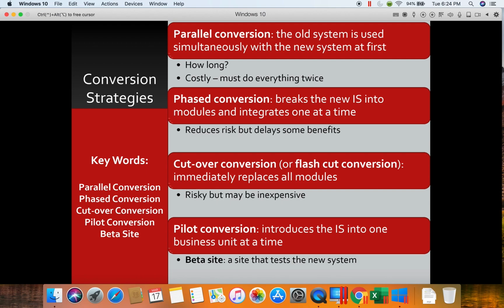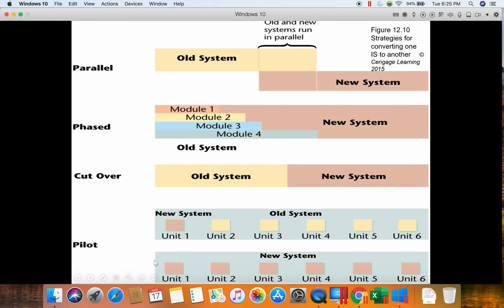They implemented the new system there, made all the adjustments to make it work for that company, for that location, and then took that knowledge and that information and implemented the system in a much quicker, more efficient way at future sites because they already knew the types of changes and problems that they needed to address in the first one. This gives you a visual of how each of these cutover or conversion plans work.